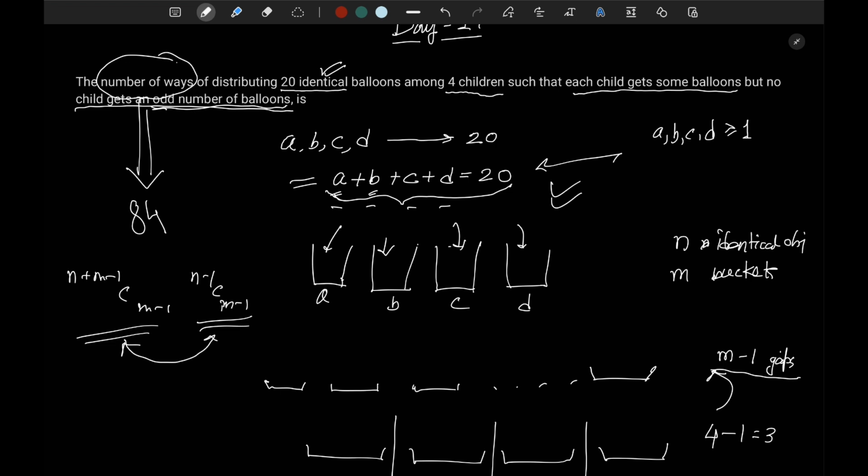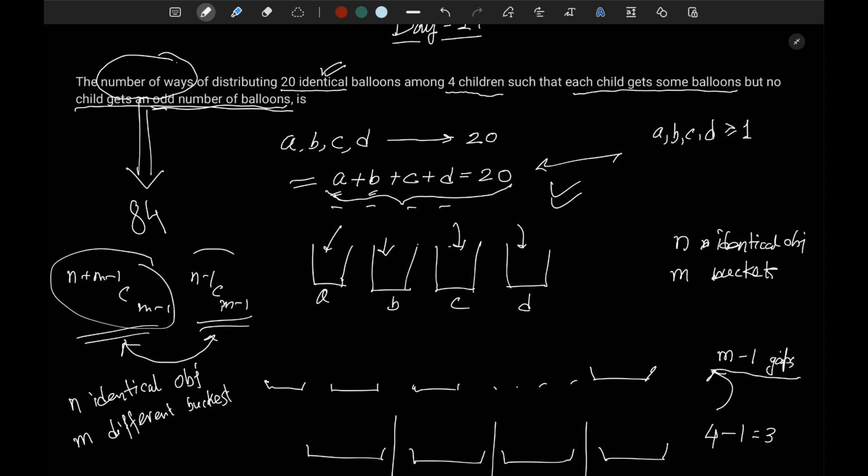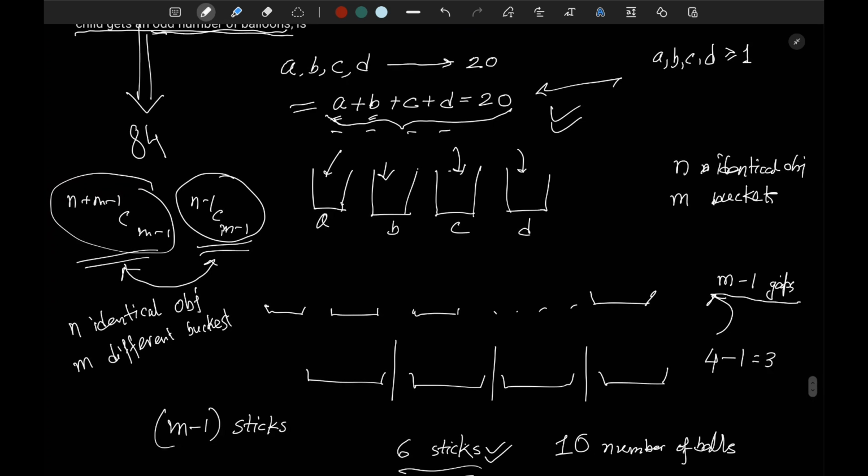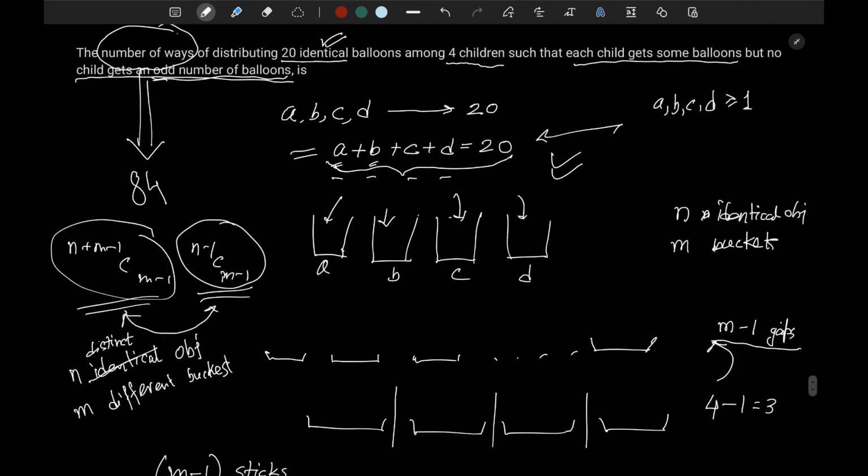Notice also that this is a special case when we distribute n identical objects to m different buckets. These things will not apply in problems where they ask for n distinct objects. If identical becomes distinct, then things will become something else. You can think of this problem when they ask for the number of positive integral or non-negative integral solutions of these equations.